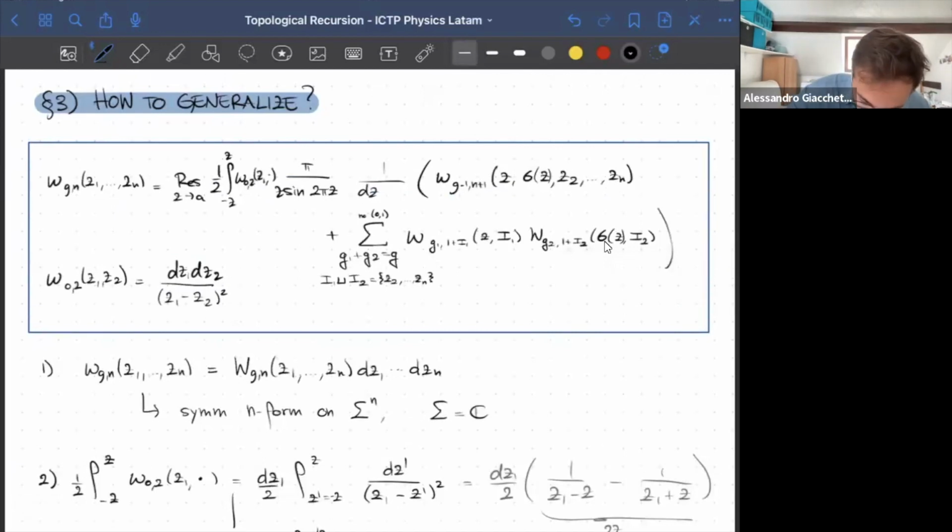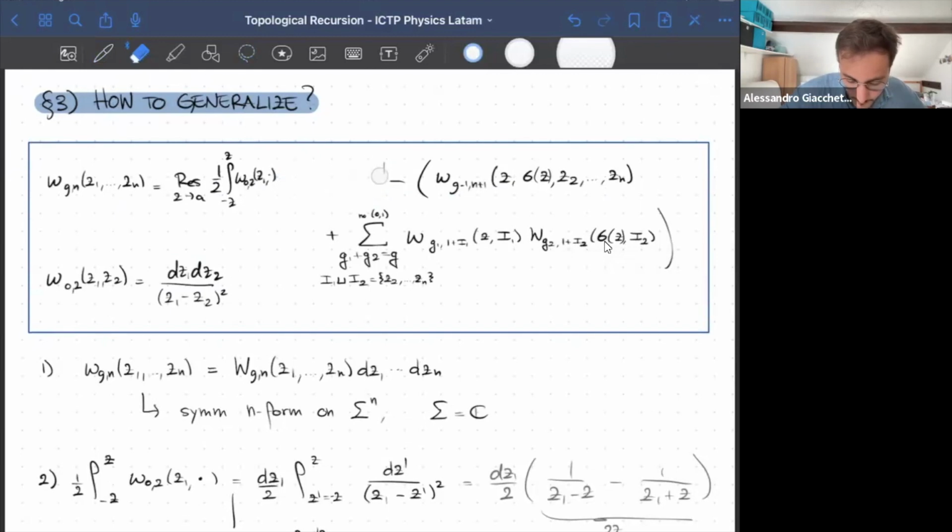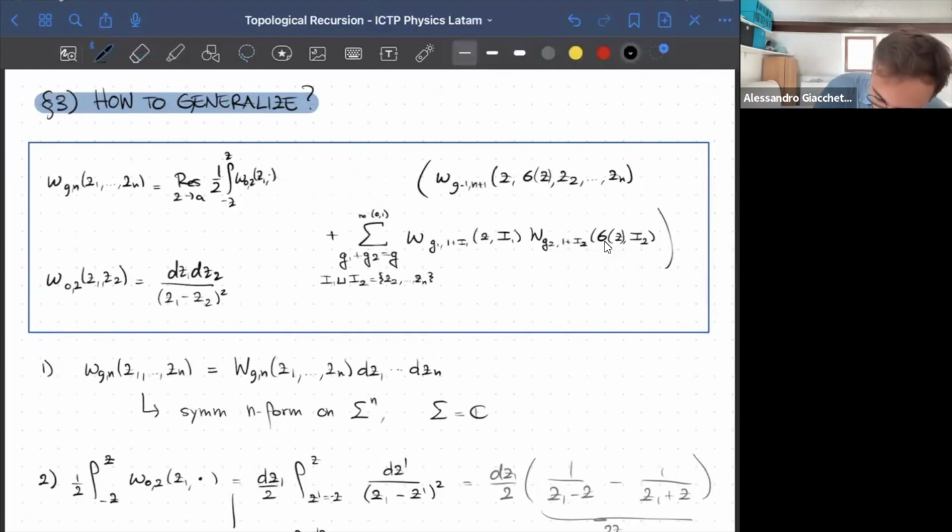Which, except for the 2 that I forgot here, is exactly what is appearing here, right? So now I can just remove this term and put this 1 over omega 0,1 of z.